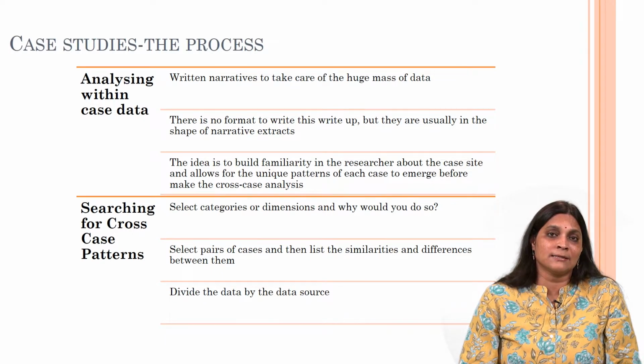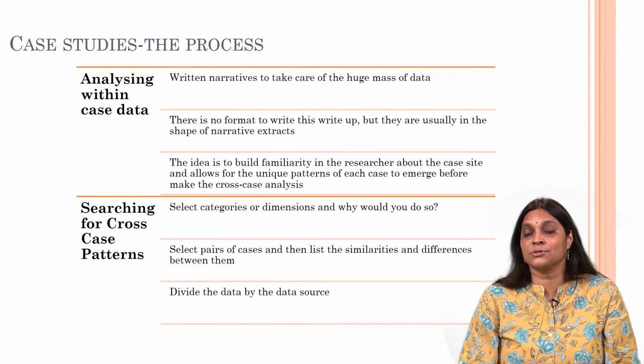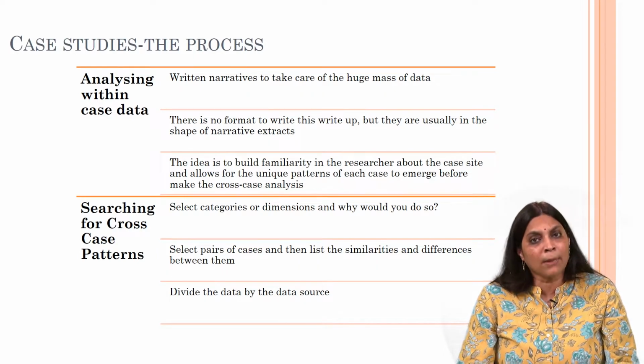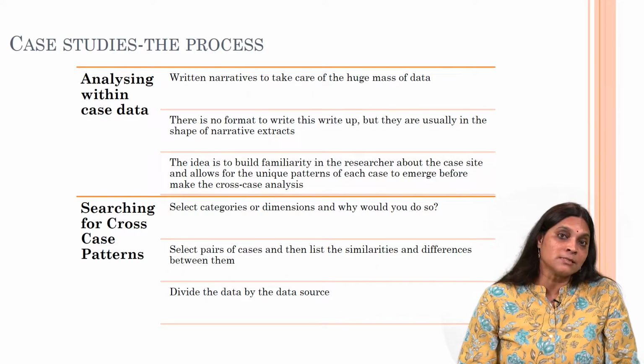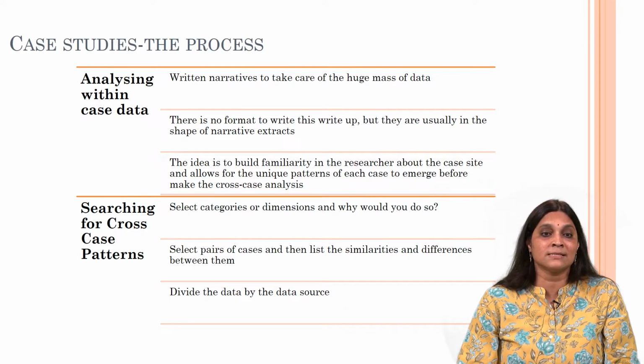For example, let us say you are looking at decision making which would have an overall impact on firm performance. In the selection of category or dimensions, you may wish to divide your organizations by trust, by cooperative, by owner driven, by proprietor driven, or by public limited company. So, that is how you can also create different cases and understand the differences or similarities between these cases.